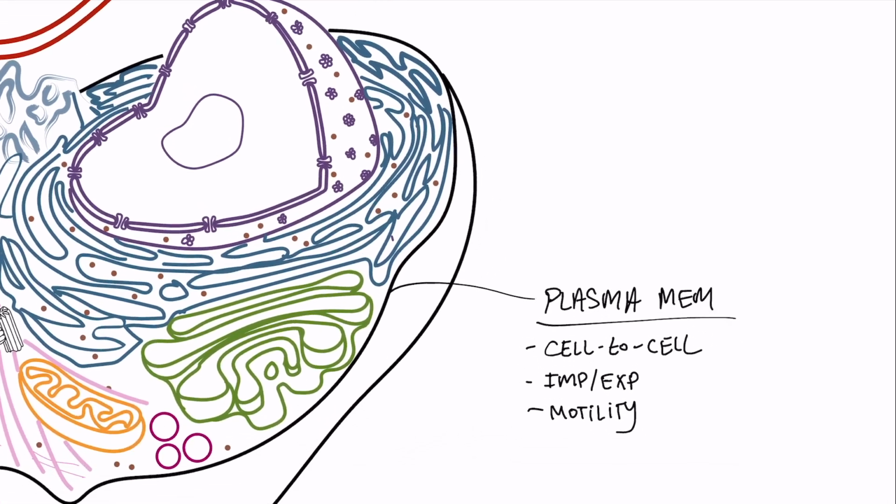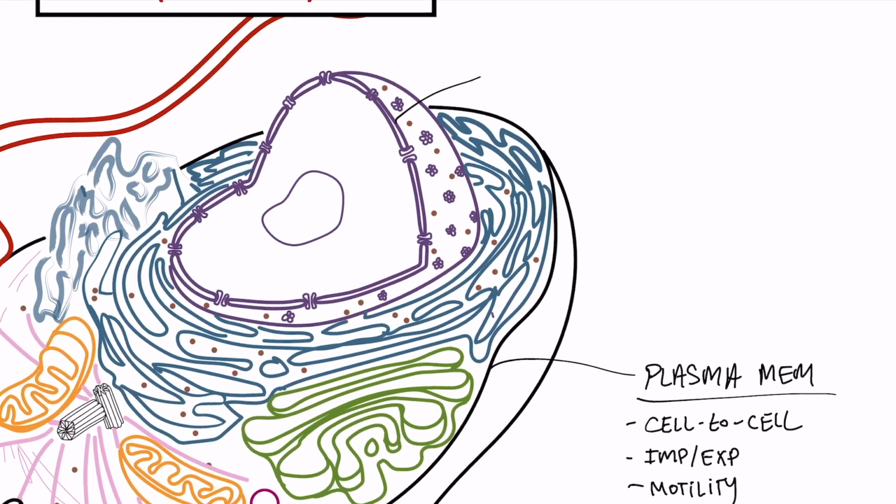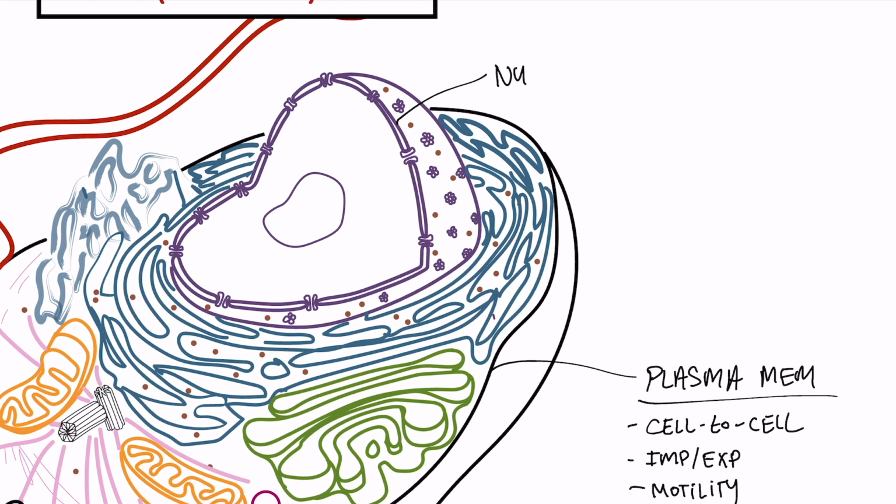Here in purple, you have the nucleus, which stores the genetic material of the eukaryotic cell. In brown, like before, you have the ribosomes, which are involved in synthesizing proteins. Then in blue, you have the endoplasmic reticulum.